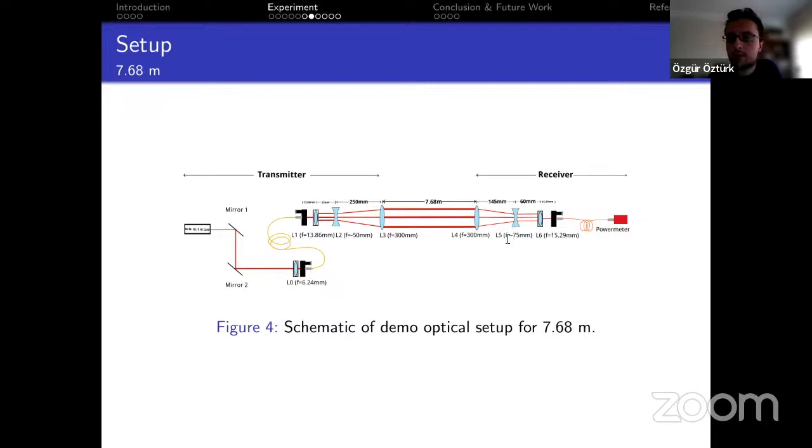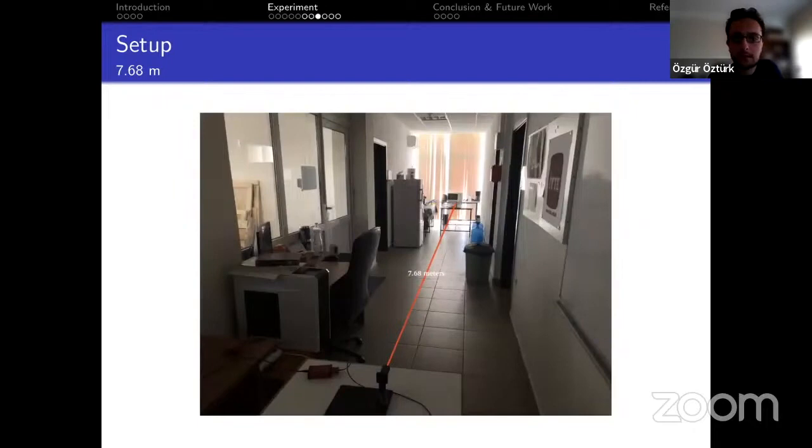And a beam reducer collects the beam, and we measured the intensities with a power meter. And to calculate the losses coming from optical components, we measured the powers after every component while building the setup. This is the photo of the short range setup.